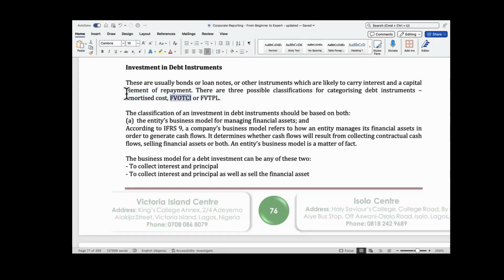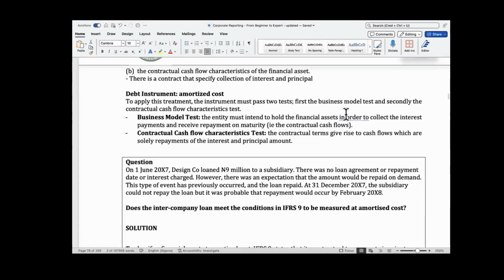So note that. I've only explained this one, amortized cost: for you to classify at amortized cost, the business model is that you want to collect interest and you also want to collect principal. That's the most important thing.